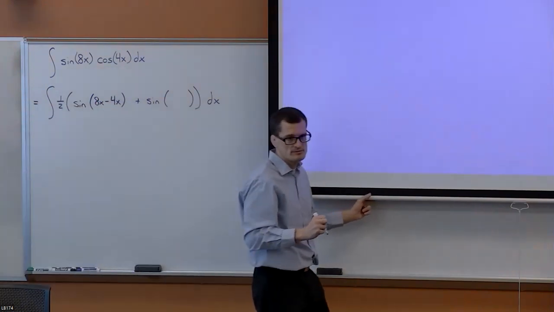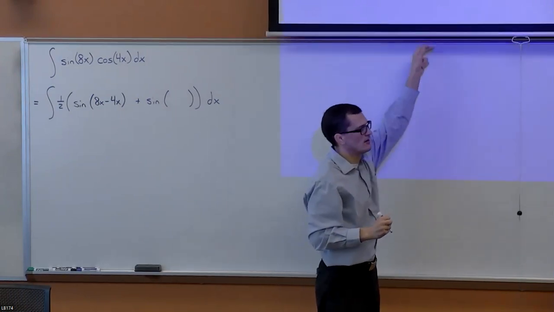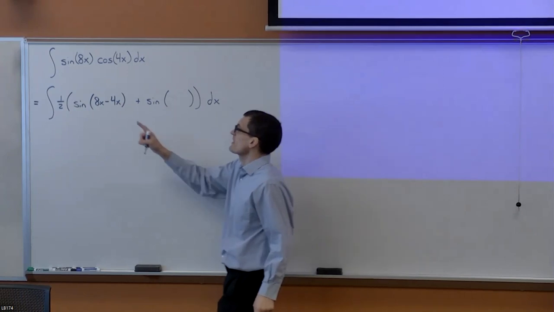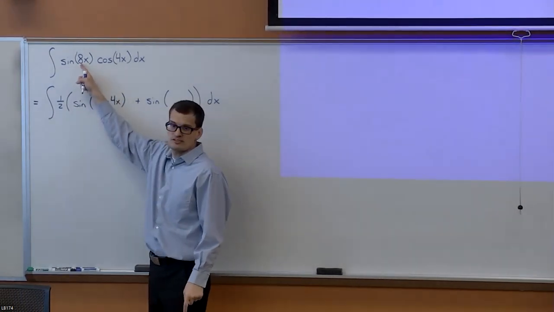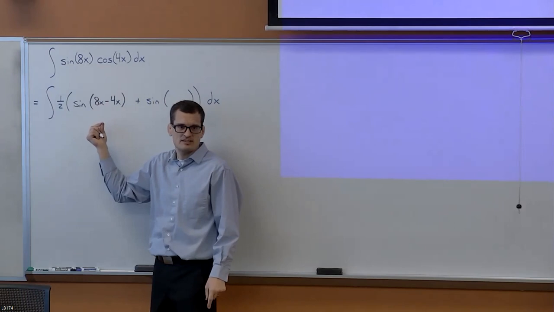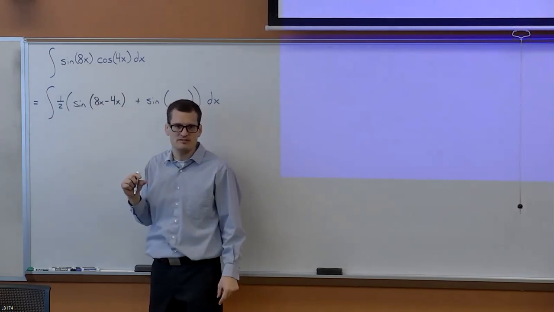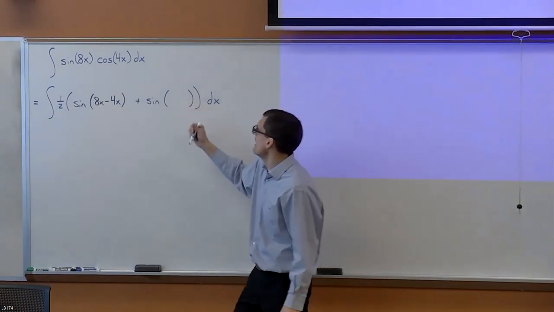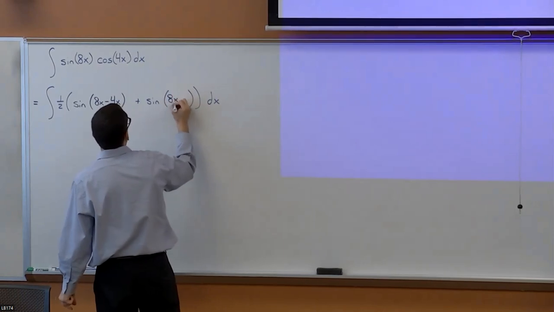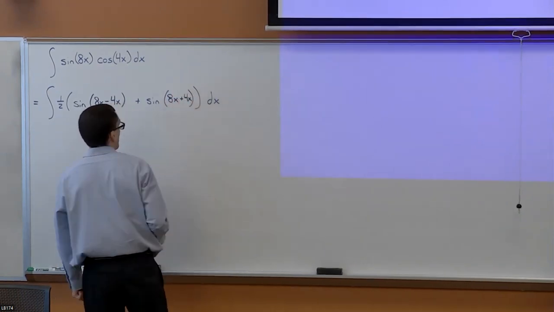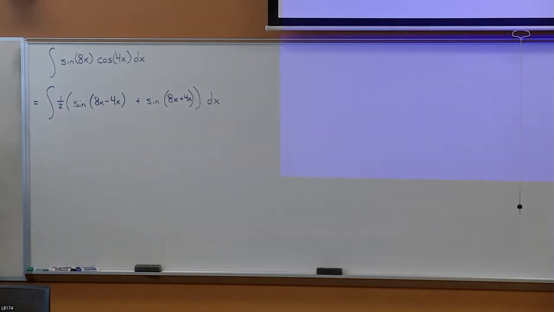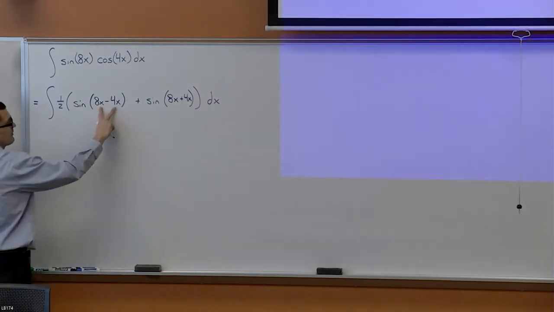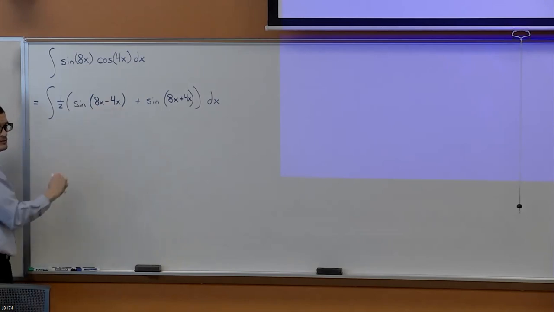Most people wouldn't get thrown off by that, but sometimes if the smaller coefficient is first, people want to naturally subtract the bigger minus the smaller. Make sure you do that correctly. And when we add these two, you get 8x plus 4x. This is the one where it really needs to be A minus B, no matter which coefficient is bigger, and the A needs to be the one inside of sine.